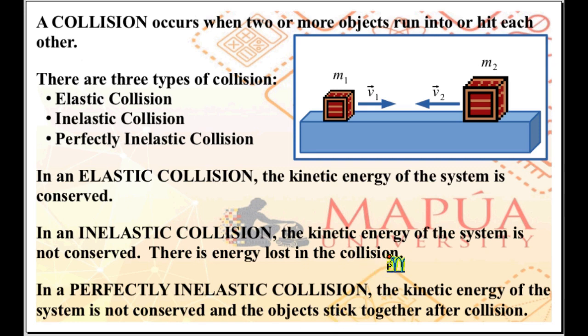Momentum is conserved. Whereas, kinetic energy is conserved only in elastic collision, but for inelastic and perfectly inelastic collisions, the kinetic energy is not conserved. If you want to analyze the system in terms of energy, you have to take into account the energy lost during the collision.